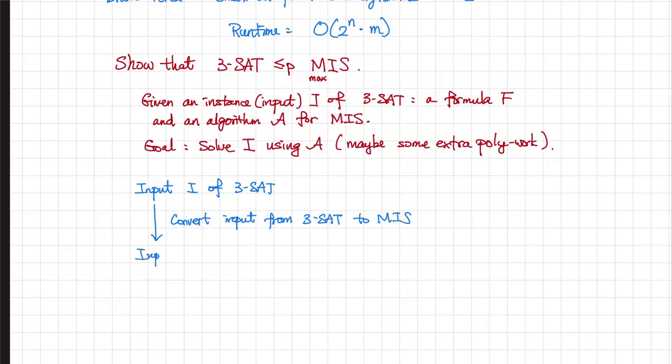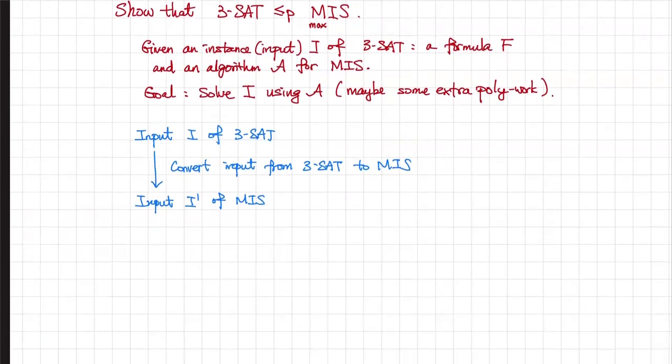So from there, we will have input I prime of maximum independent set. Right, so this is step 1. All right, now step 2.